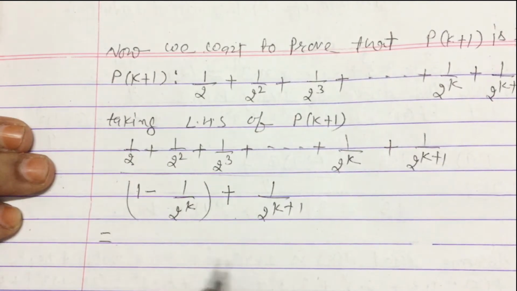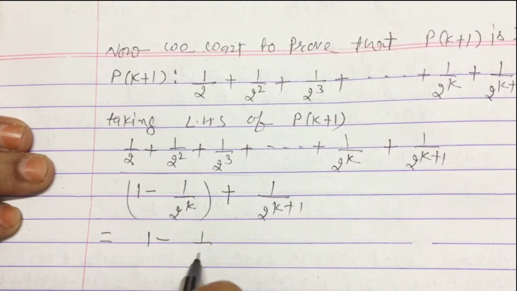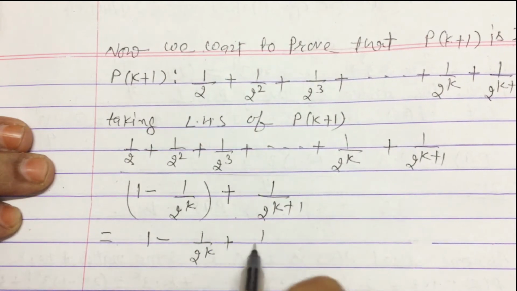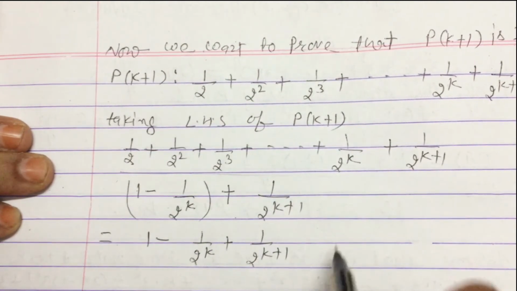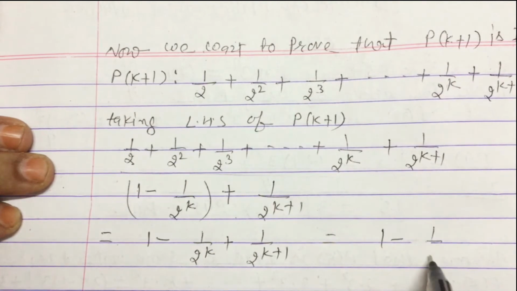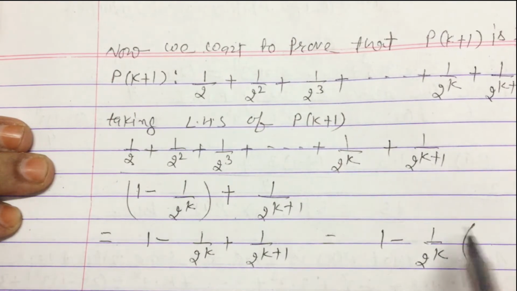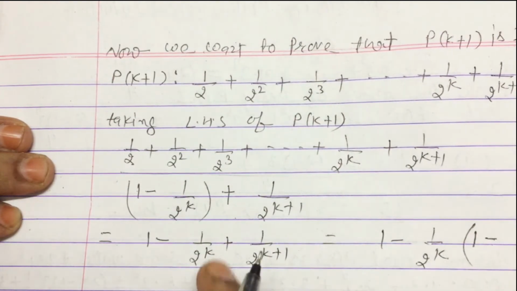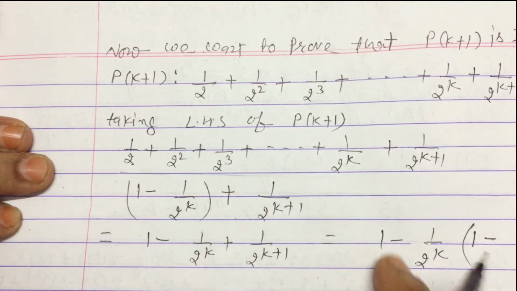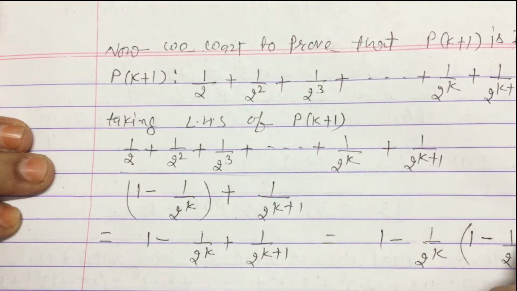Here you see that it is 1 minus 1 by 2 raised k, and here it is 2 raised k plus 1. So 1 minus 1 by 2 raised k we can take common from these two terms. And here it would be 1 and it would be minus, since here it is a negative sign, 1 by 2.